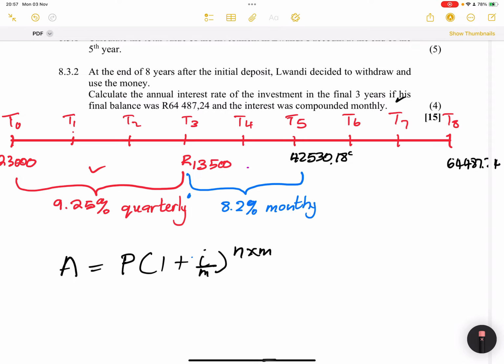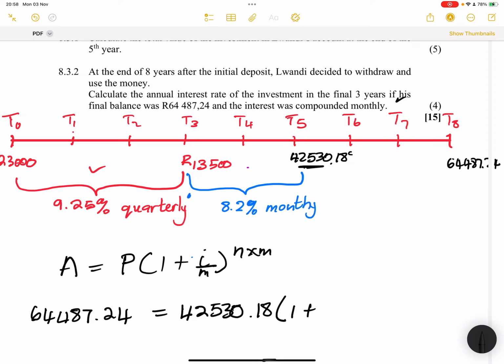The amount has accumulated to 64,487 rands and 24 cents. But it means our principal amount was the amount that was there at the end of that 5-year term. We found that to be 42,530 and 18 cents. We want to find out what is the interest rate in this case.